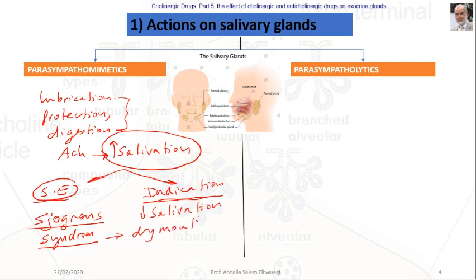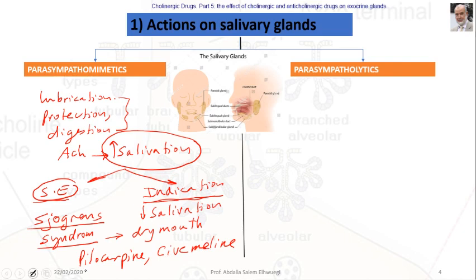So in this case what we do is give a cholinomimetic, like pilocarpine. We give pilocarpine orally, and as well cevimeline.